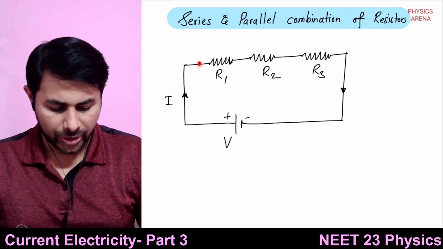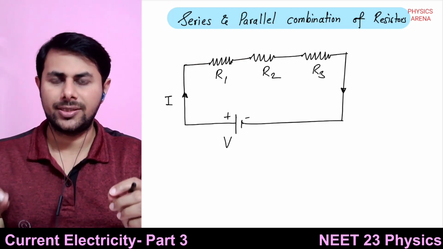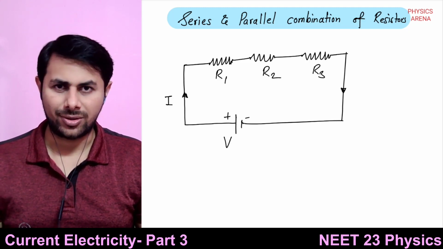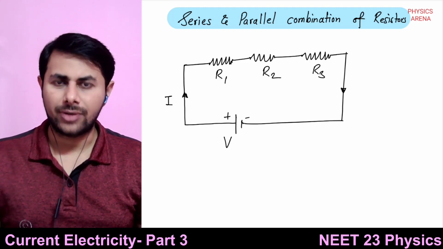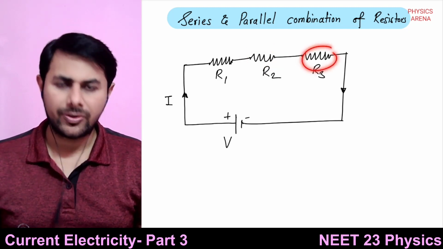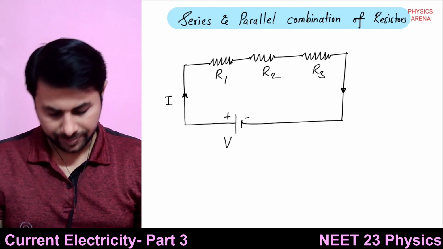What will be the potential difference across the first resistor? It will be I into R according to Ohm's law, right? I into R1. For the second one, it is I multiplied by R2, and for the third one, it is I multiplied by R3.